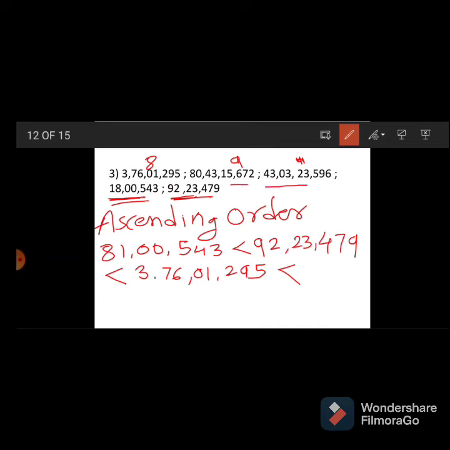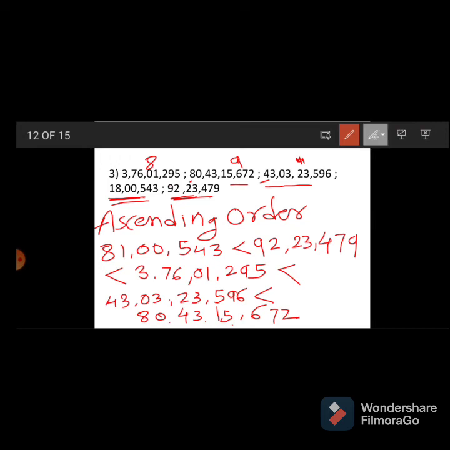Here check, 9 digit and 9 digit is there, then 4 or 8 have to compare. Then 4 is smaller than 8, means 43 crore 3 lakh 23,596 is smaller than which number? 80 crore 43 lakh 15,672. Okay, then exact opposite, descending order.